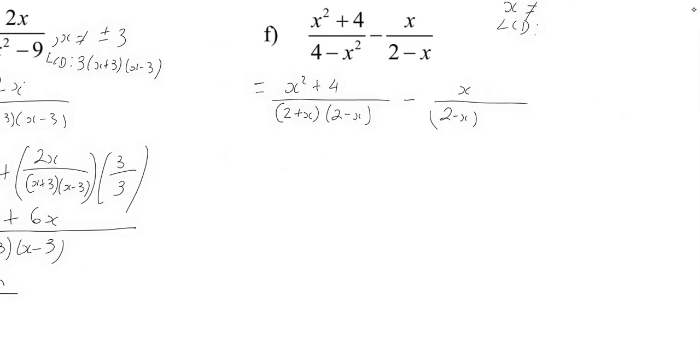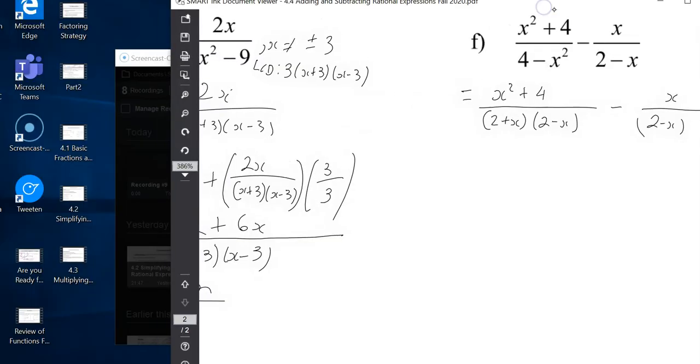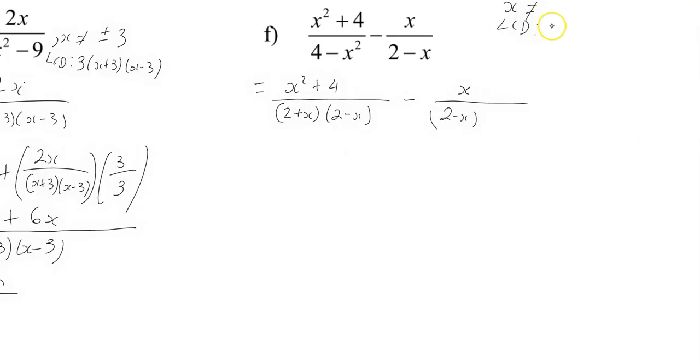You can write that as plus or minus 2. And the LCD is 2 plus x, 2 minus x. So that's got everything we need.